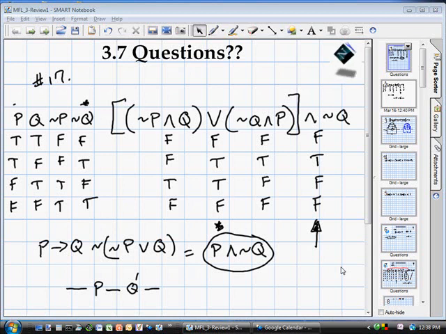Is there any other column in the table that already has the same footprint as this? In this one, I look and I go, oh my goodness, this column has the same results as that one. Ta-da, there it is. Sometimes it'll actually be there, and all I've got to do is find it. But if it's not there, then you can start trying different combinations of these things with ANDs and ORs.